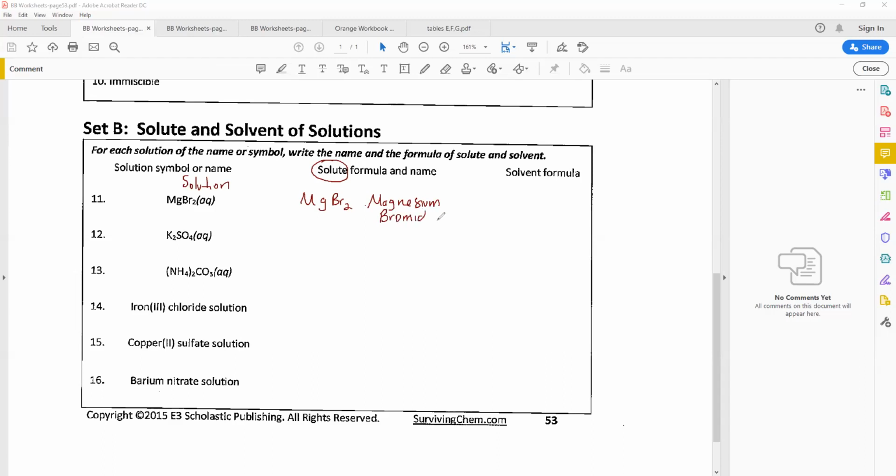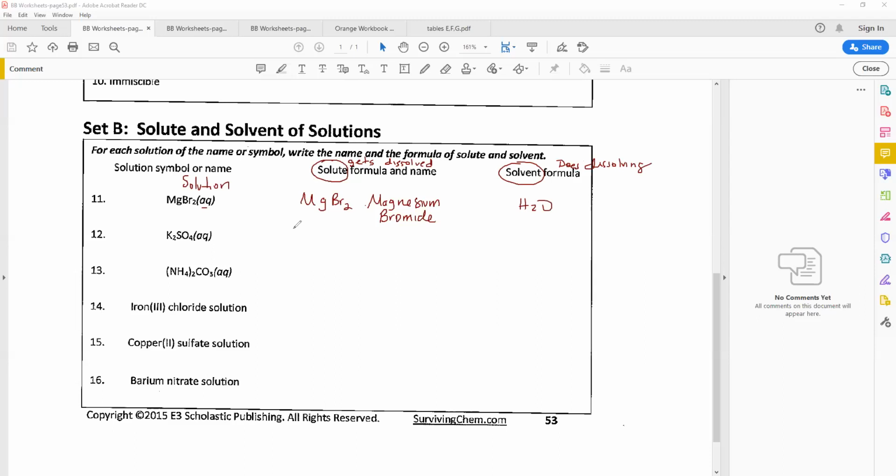The solvent is the one that does the dissolving. The solute gets dissolved. The solvent does the dissolving, and that would be water. We know that from aqueous, aqua, water.